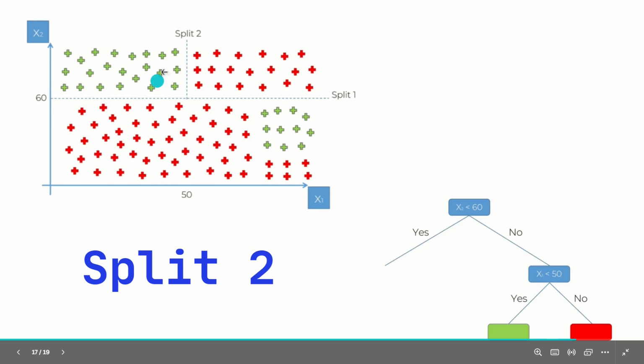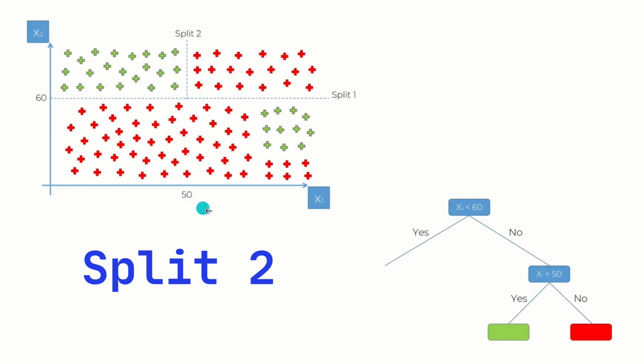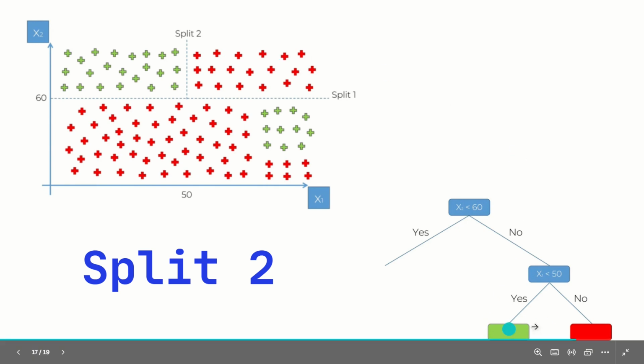Moving further, we have split 2 available at x1 equal to 50, at the no branch. With this split we are able to divide the green and the red properly. That's the reason we are able to reach a leaf node. You can see red and green, which means it is the end of this branch. On the right side we are able to complete this branch, because we end up getting the green and red, right?